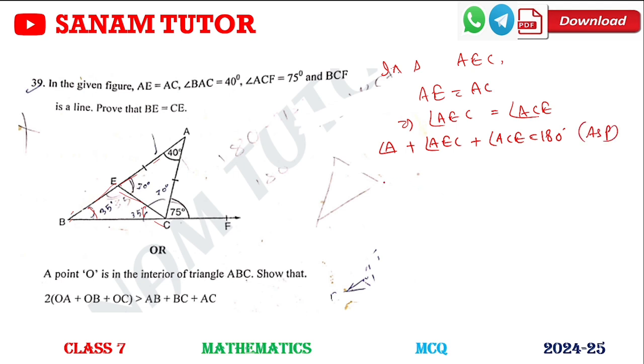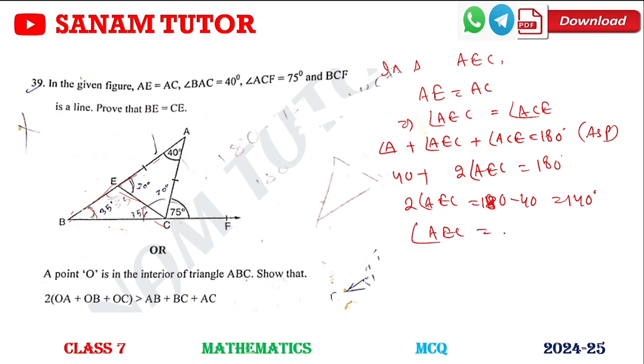Now 40 plus 2 AEC equals 180 degrees, because AEC and ACE are equal. So 2 AEC equals 180 minus 40, that is 140 degrees. So AEC equals 140 by 2, that is 70 degrees.